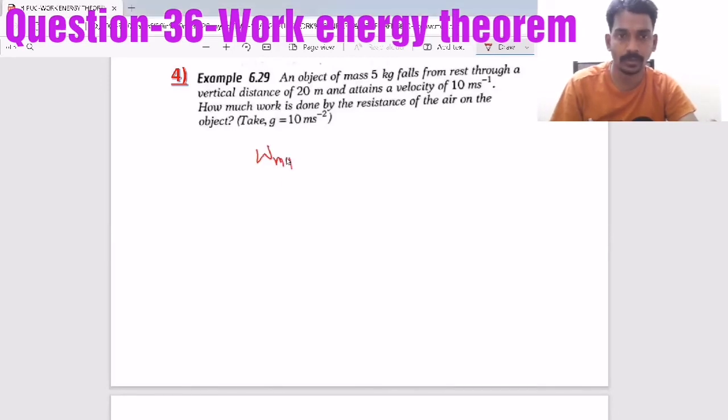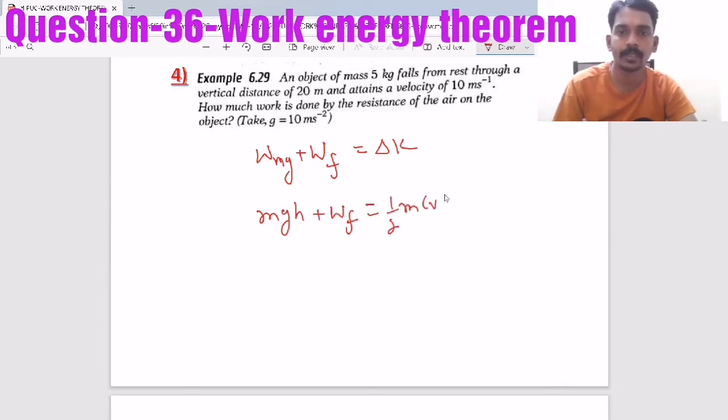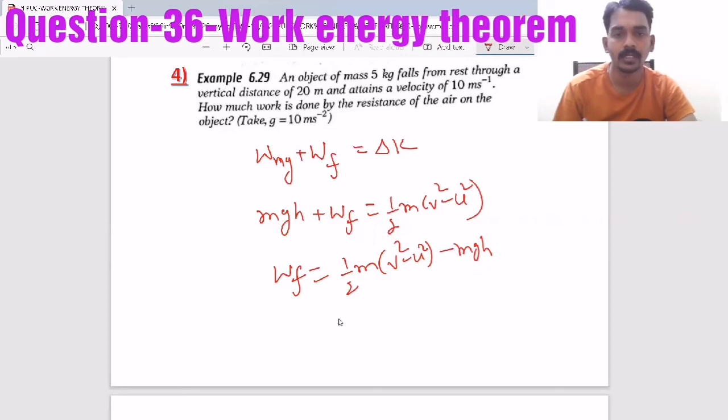So work done by gravity plus work done by friction equals change in kinetic energy. As it is coming down, the work done by gravity is mgh, plus work done by friction equals half m v square minus u square. So work done by friction equals, if you take this to the other side, half m v square minus u square minus mgh.